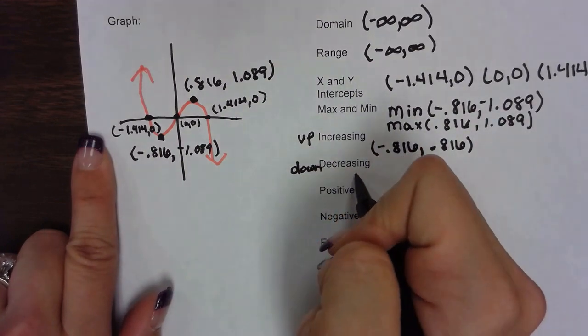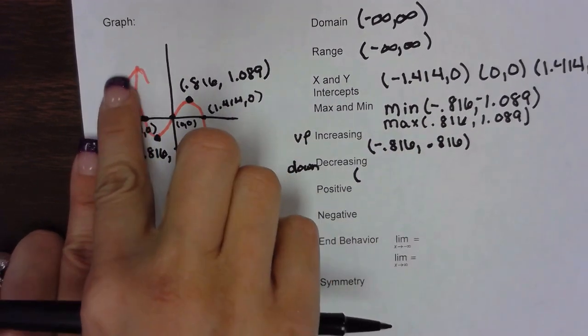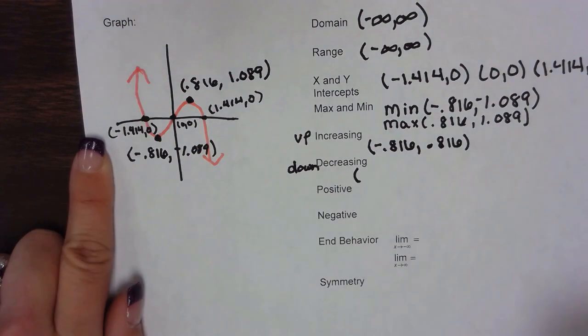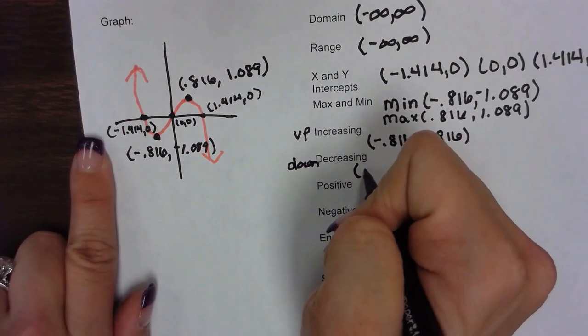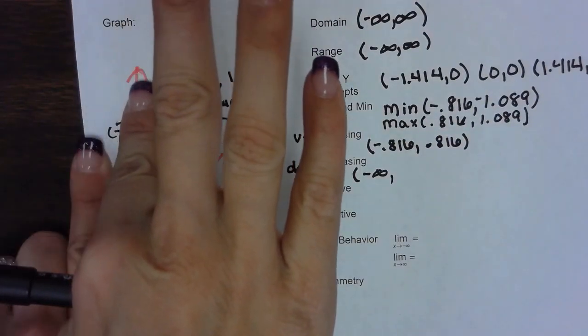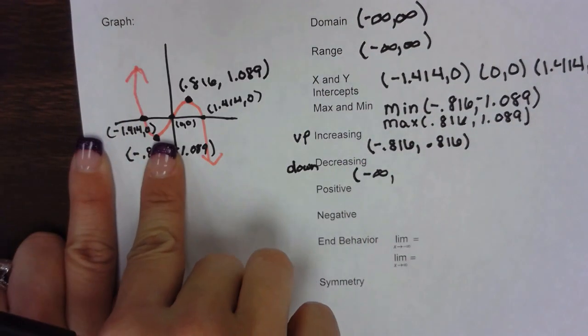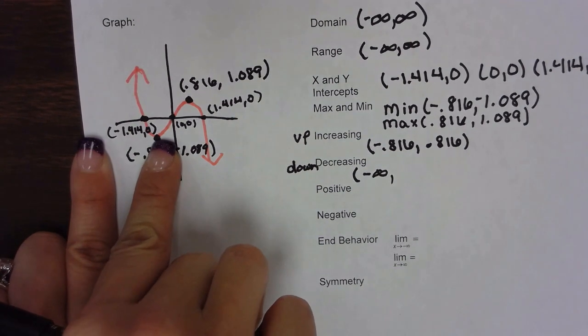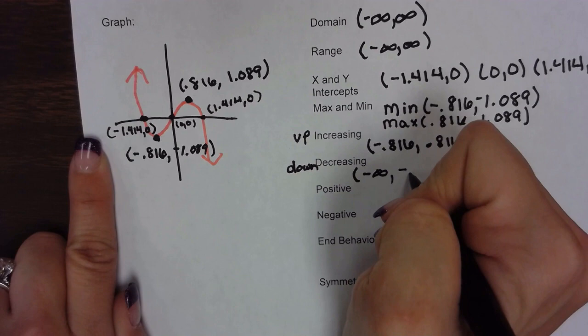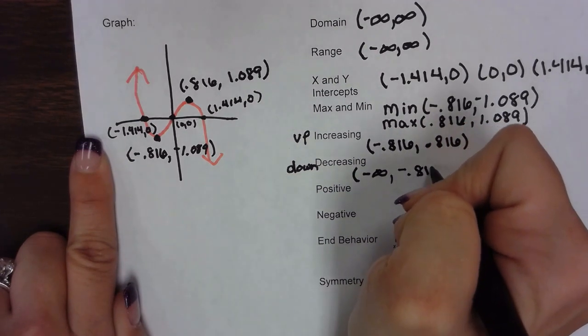So let's look at that first area. That first area where it goes down has an arrow on it, which means it starts on the left side, so it's negative infinity. It keeps going down to this point right here. Well, what's the x value right there? Negative 0.816.